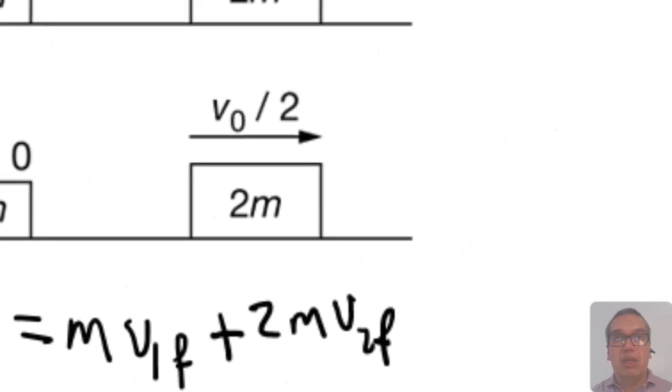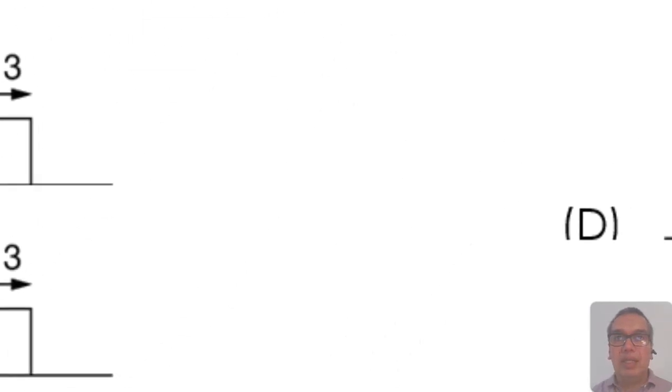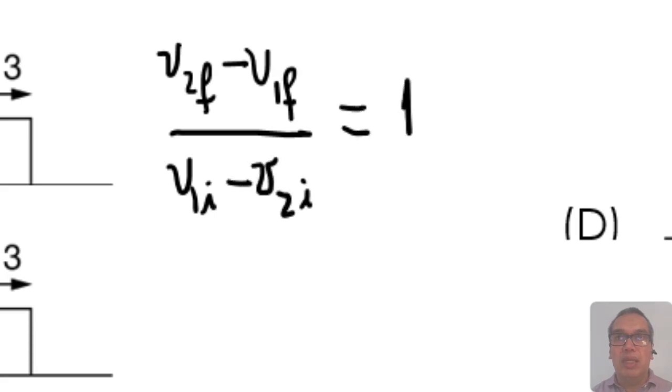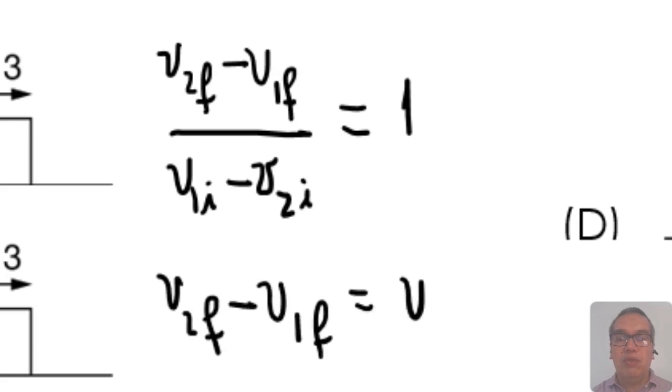Also, since the collision is completely elastic, the coefficient of restitution is 1. So (v2f minus v1f) over (v1i minus v2i) is equal to 1. Therefore, v2f minus v1f is equal to v0 minus 0.